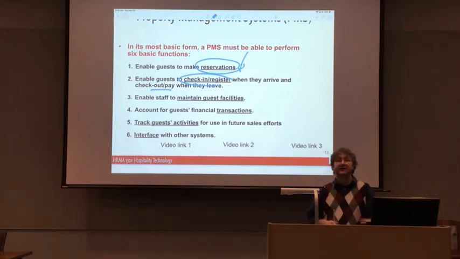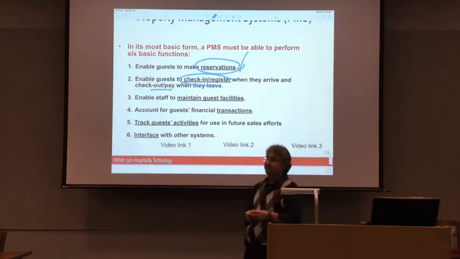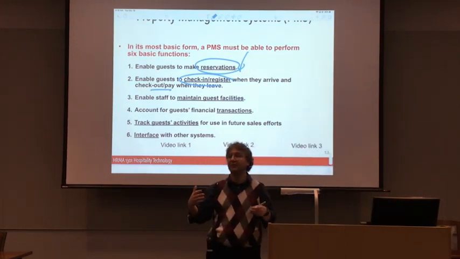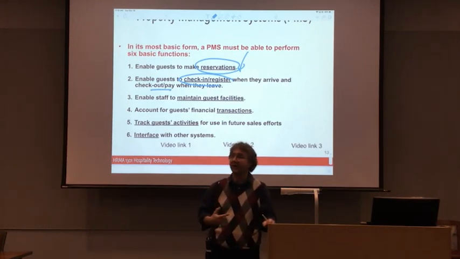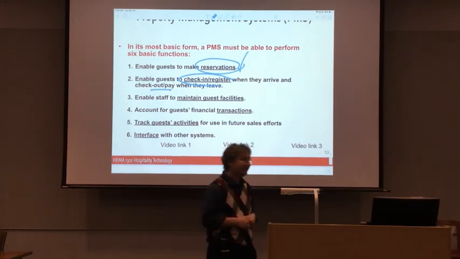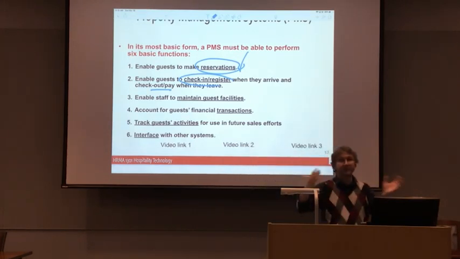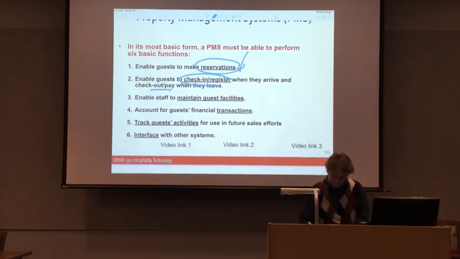Now, some of this new technology view, where people check in with their mobile phones, right, leaves room for some fraud. So hotels are a little bit reluctant now to deploy in the absence of any humans and stuff like that. Enable staff to maintain guest facilities, right?